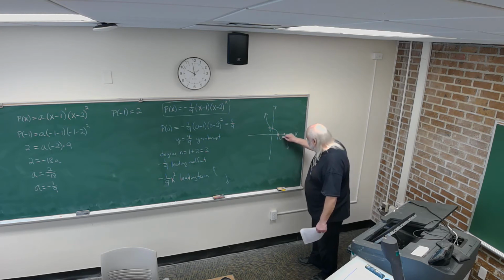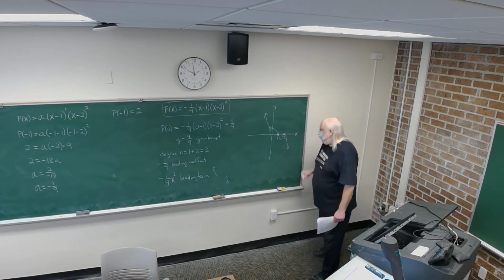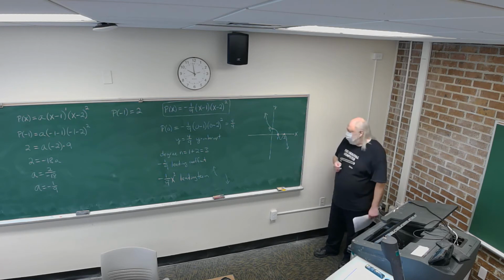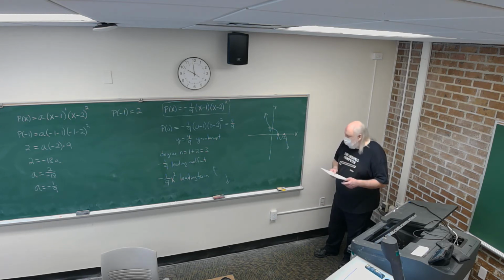So it's going to form a turning point, come up and touch the x-axis at x equals 2, and then go down again. So any questions on that?